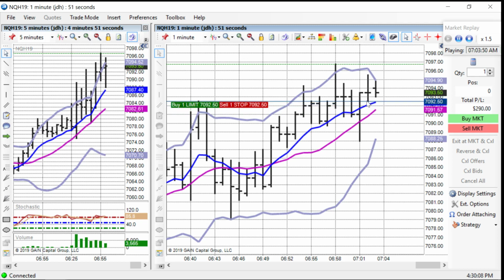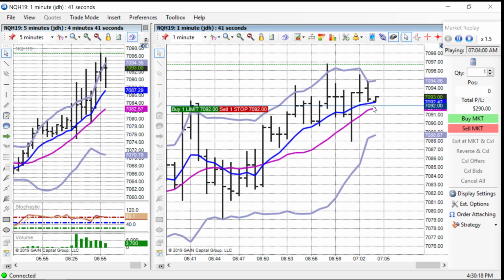Okay. This makes me really suspect it's trying to change trends. It's narrowing. The 80 EMA is narrowing. The Bollinger Band lines are coming together, indicating lower volatility.